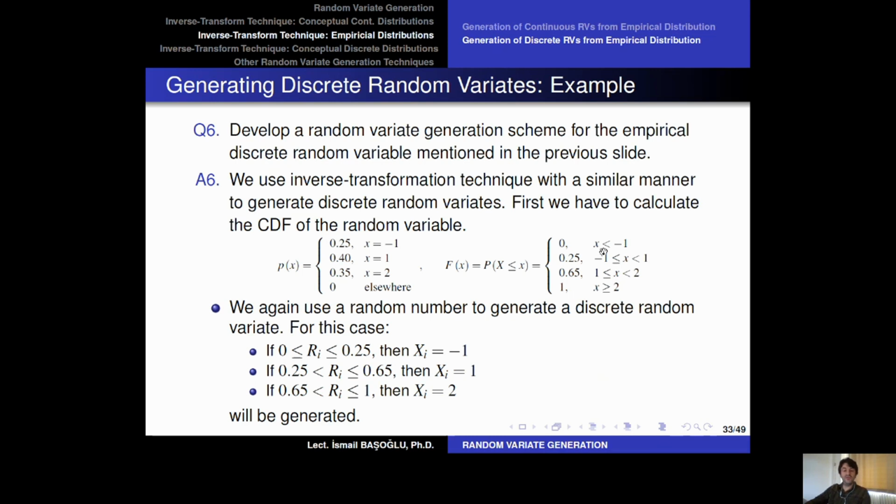If x is specified as less than -1, then the probability of this random variable being less than or equal to that value will be 0, because there is no probability mass accumulated at that point.